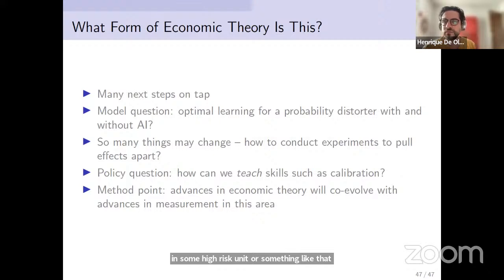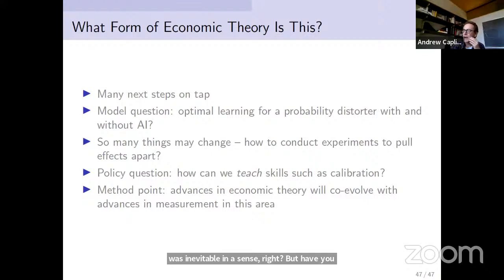And so if you think of a decision problem as a distribution over decision problems or a set of decision problems, then maybe a misspecified loss function might be inevitable in a sense, right? But have you guys thought about that in some sense? How we use these algorithms?